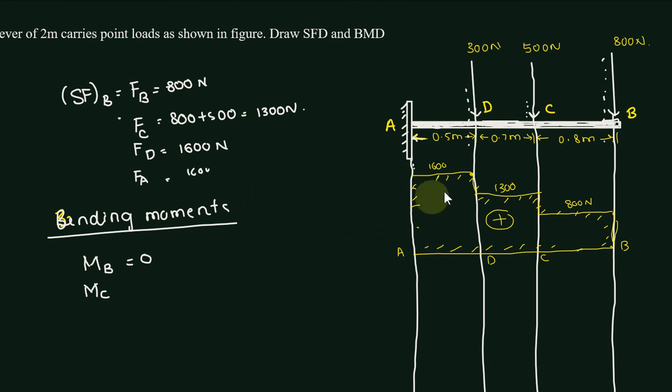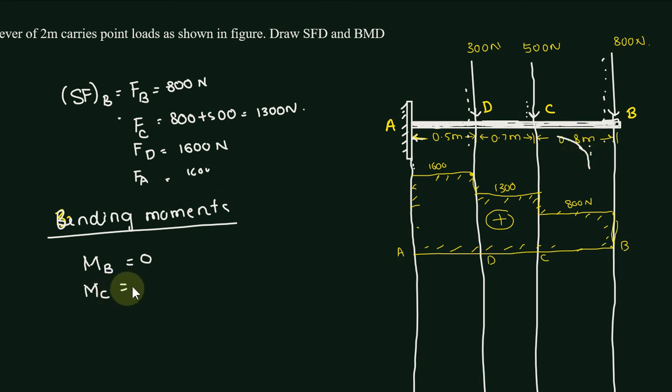Yes, as we said, this is the sum of loads, sum of moments. So up to C, we have the load 800 multiplied by the distance up to C. How much is that? 800 multiplied by 0.8, and this load is causing a moment like this. Again, hogging. This is negative bending moment.